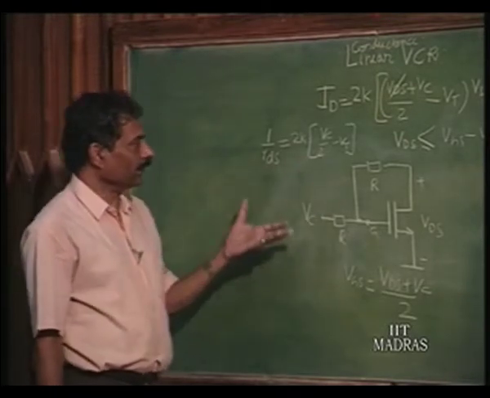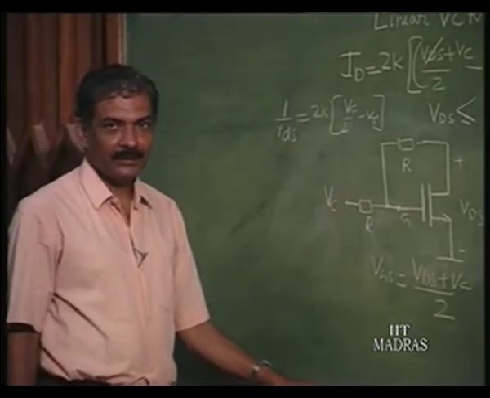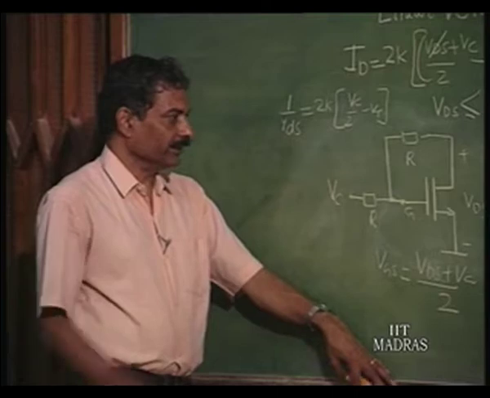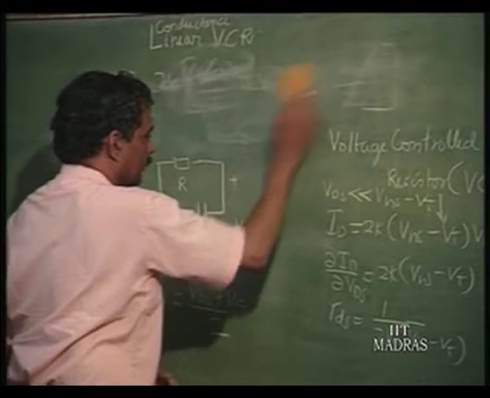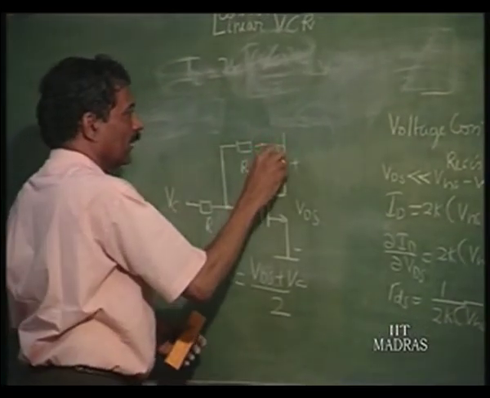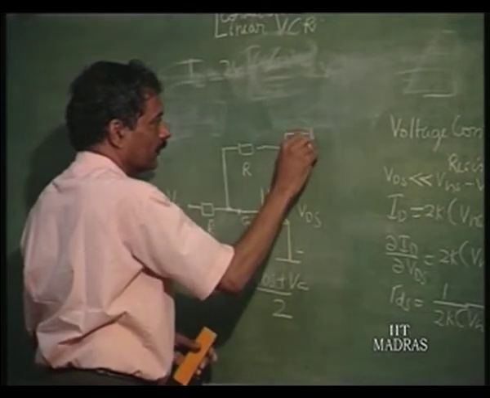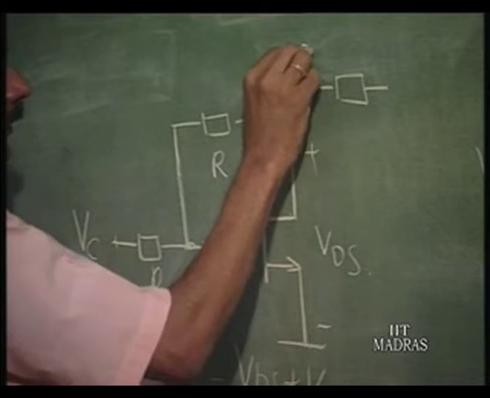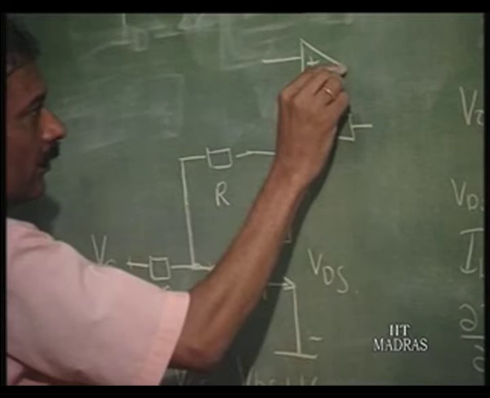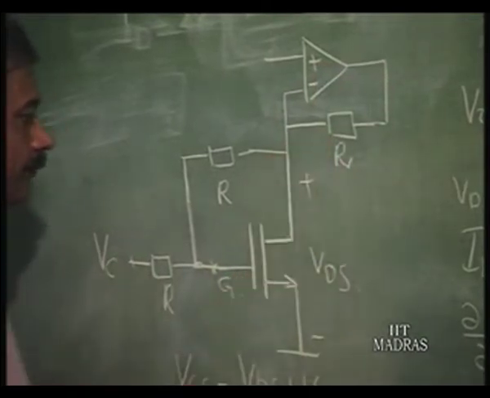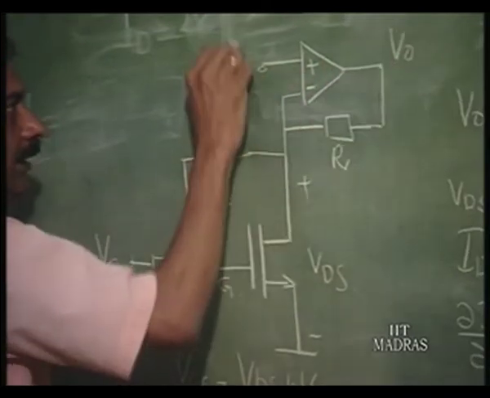So, this conductance, if it is used in designing amplifiers, for example, let us say I am going to use this in designing an amplifier like this. R. So, what happens to this amplifier now? This is V naught, this is Vi.